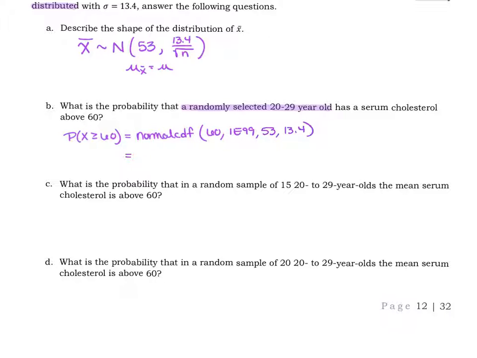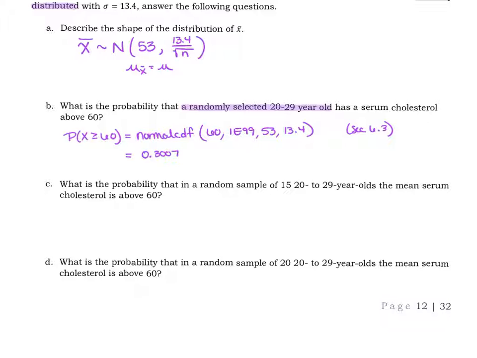Again, that comes from section 6.3. This is the type of problem we did in the last lesson. Whenever you type that into your calculator, you should get a probability of 0.3007. Okay.